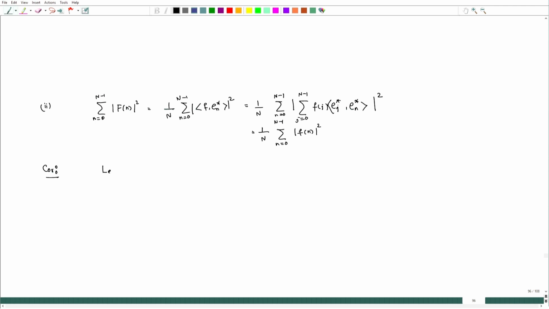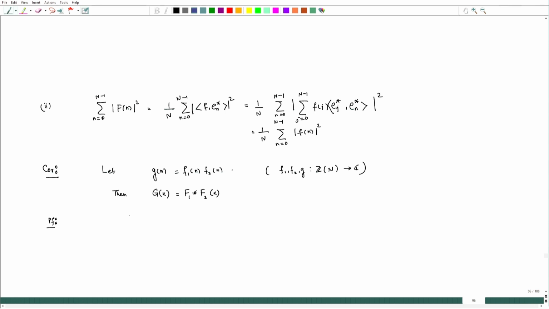Let g of n be equal to f1 of n times f2 of n, where f1, f2, g are all maps from Z n to C. Then the Fourier coefficient of this g, which we denote by capital G, at k, is equal to the convolution of the Fourier coefficient of f1, capital F1, with that of f2, at k. This is the proof.